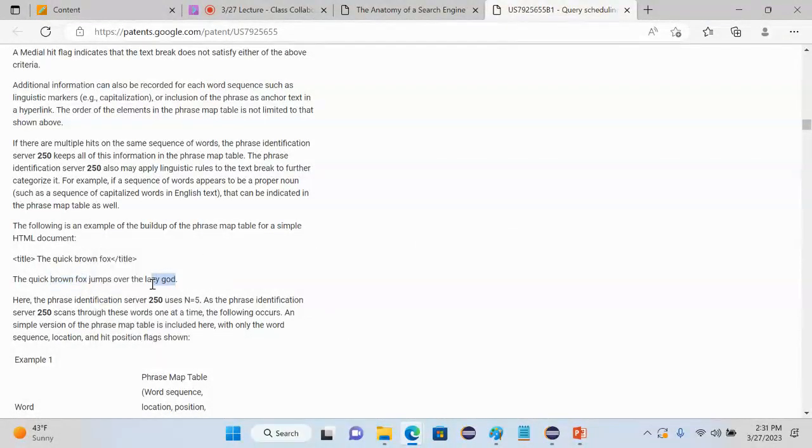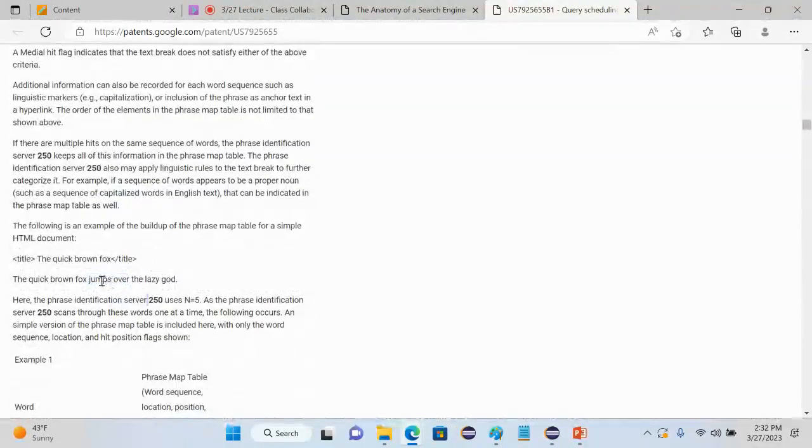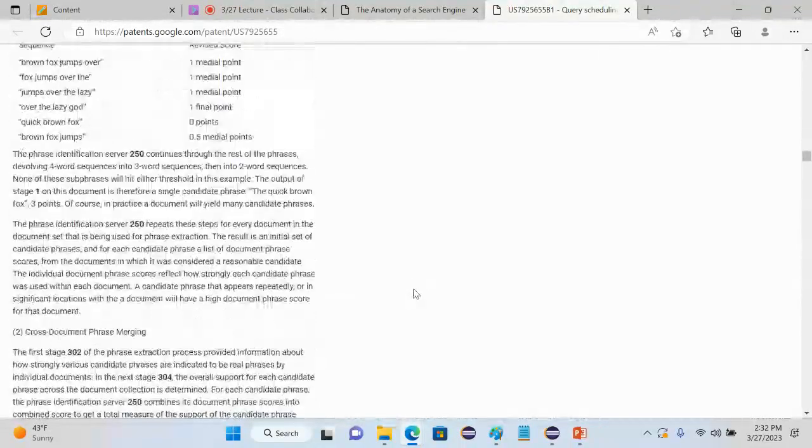Lazy dog is probably a plausible combination. Quick brown fox, maybe a plausible combination. Maybe the and the, strike those. Jumps over, maybe that's a combination. Okay, so there are different ways, but you can also say, what shall we say? Quick brown fox jumps over. I don't know, that doesn't sound right. And so Google has a scoring process for how to figure that out.